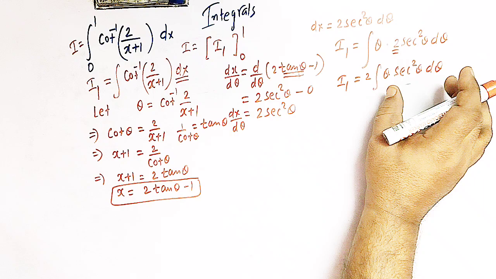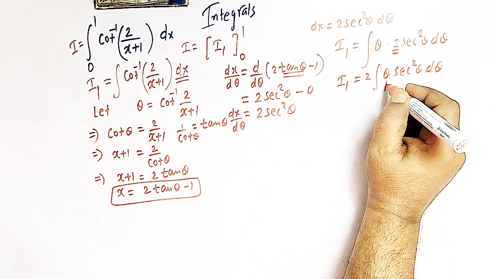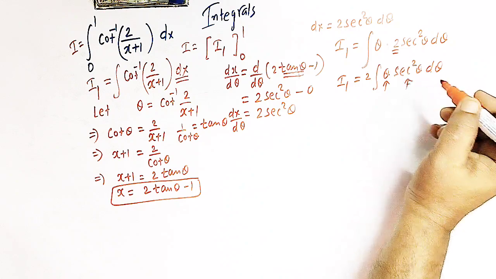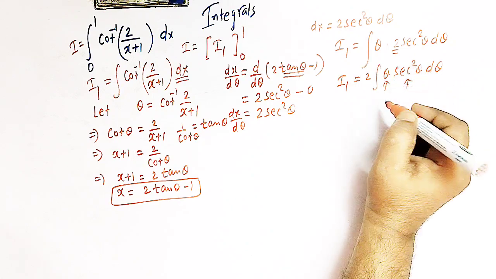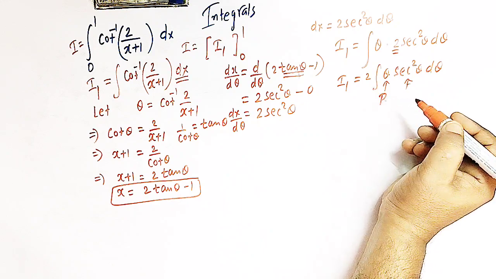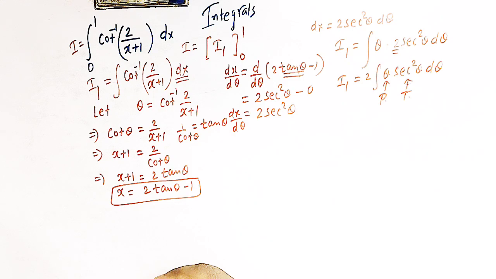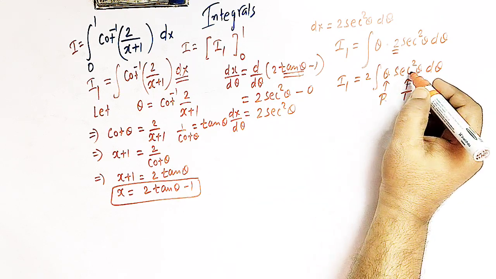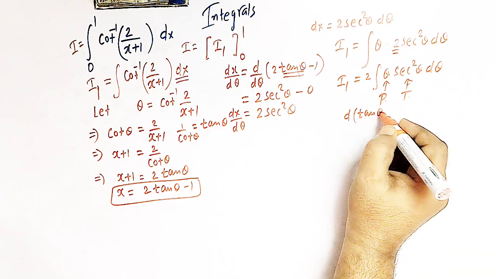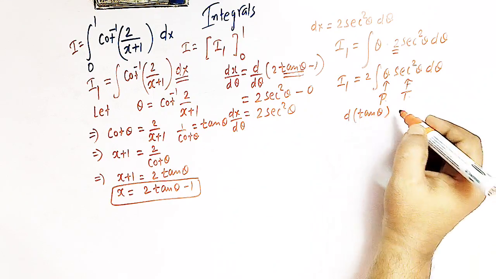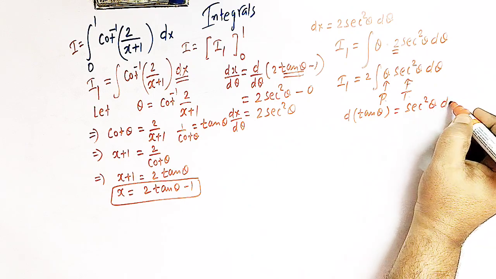Now we have to evaluate this integral, which is the product of two functions, theta and secant square theta. Theta is a polynomial function and secant square theta is a trigonometric function. And we can write d of tan theta, the derivative of tan theta, as secant square theta d theta.